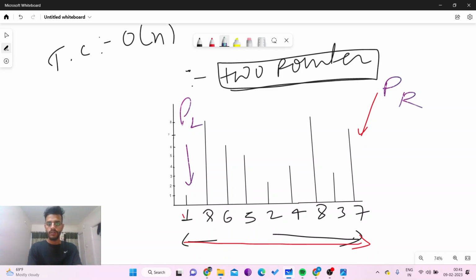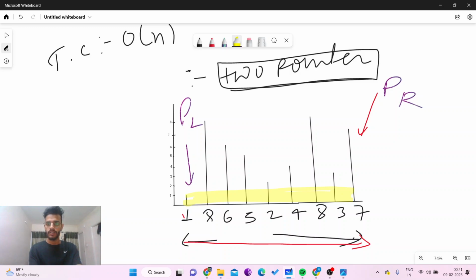Now at this point, what will be our maximum area where I can store the water? The minimum of these two pointers will be my height.